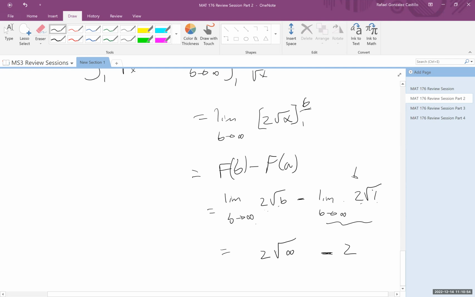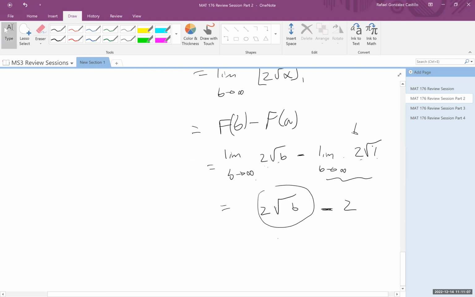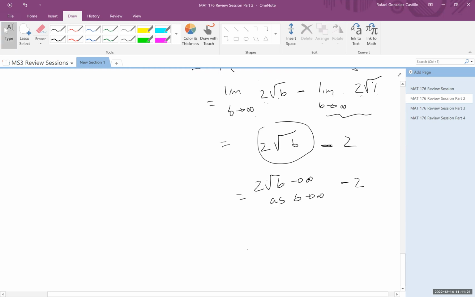You can think about what you get when you plug in infinity here. When you begin plugging in numbers for b as b goes to infinity, this whole thing, 2 radical b, goes to infinity. And the minus 2 is negligible. So this shows that the improper integral diverges because it doesn't approach one particular number.